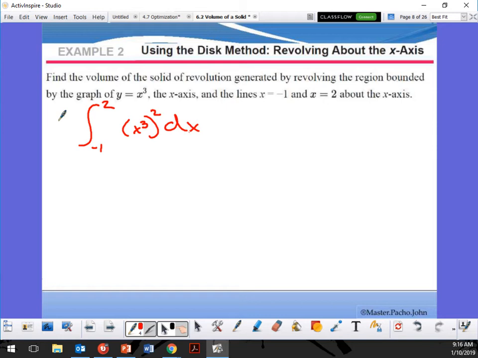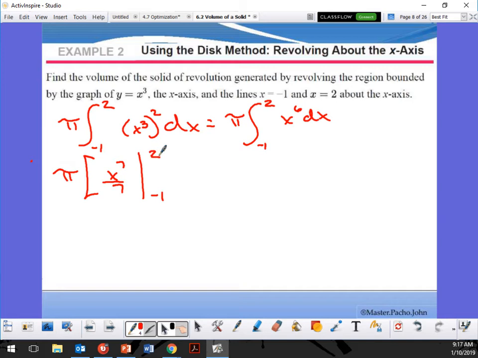Okay, so let's see. This is going to turn into 2 to the 7th.